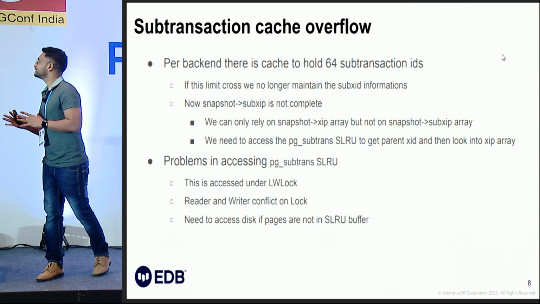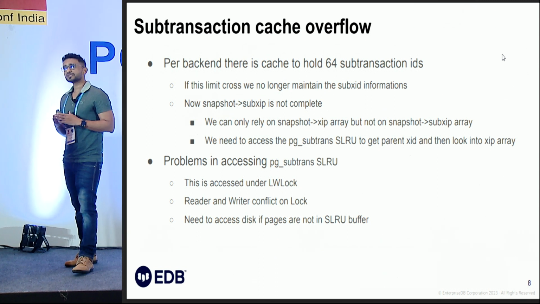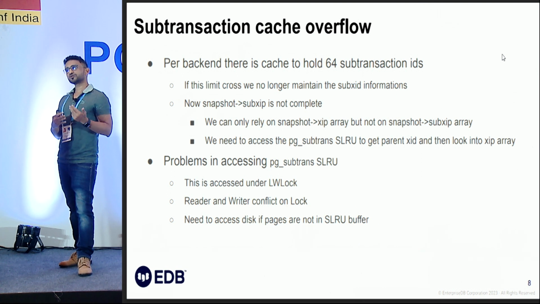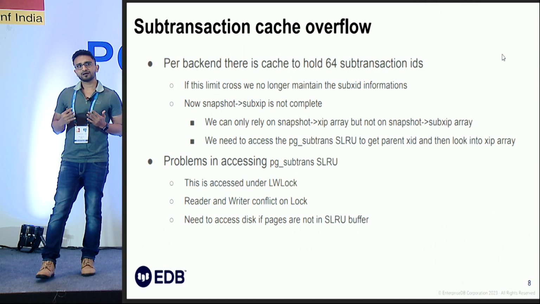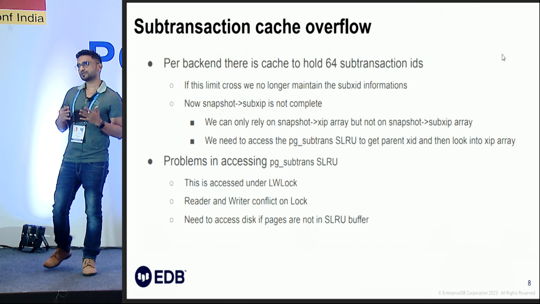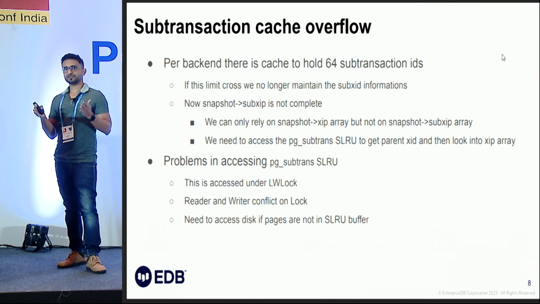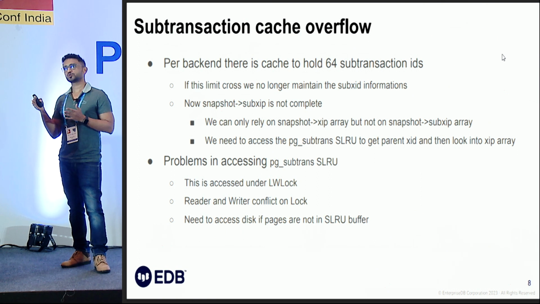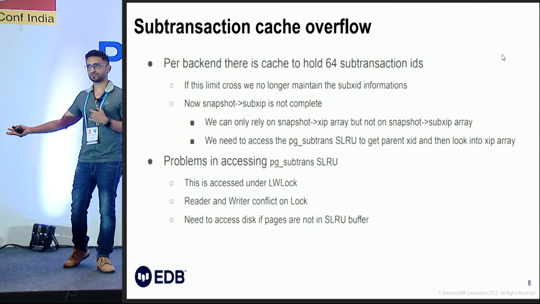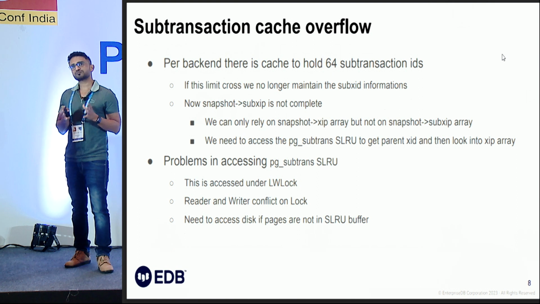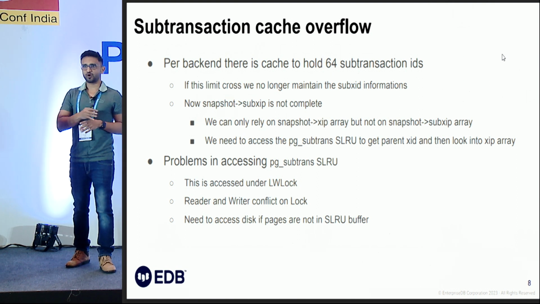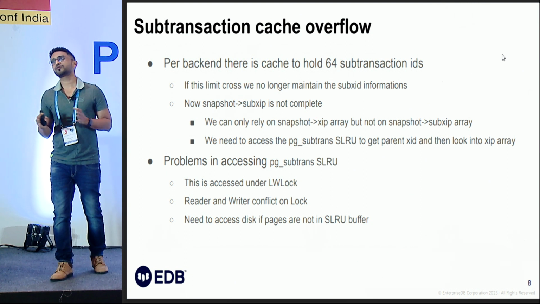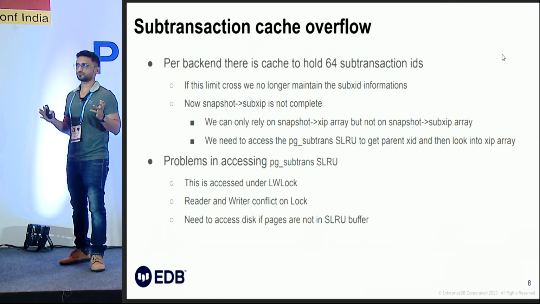But what happens if any backend starts more than 64 subtransactions under it? Then we don't have enough space in the backend cache to keep more than 64 subtransaction IDs, so we mark that backend structure as overflowed. That means it doesn't contain the complete information of the subtransaction IDs.